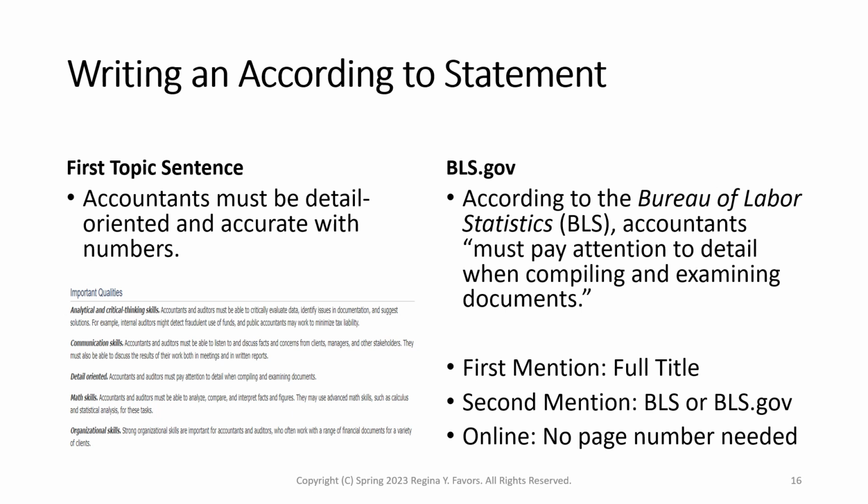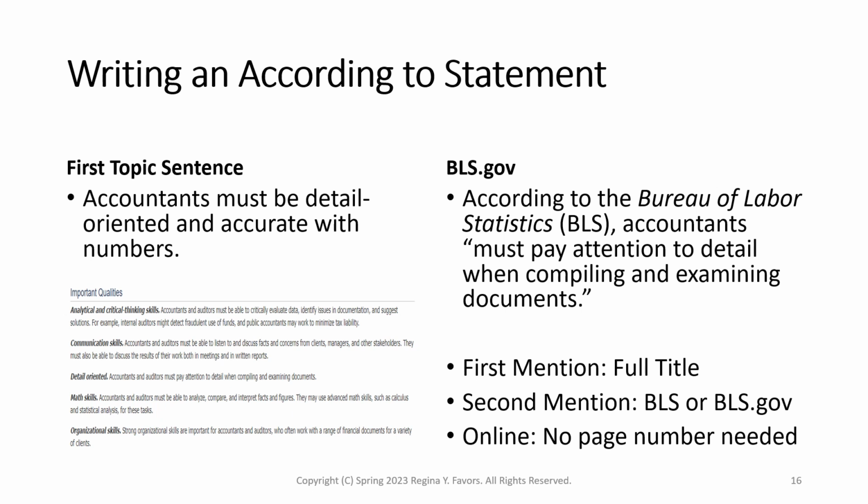Remember, important qualities refers to the personality aspect of this discussion, whereas the work environment would refer to, say, the sociological aspect of this discussion on career preparation. When you're using Bureau of Labor Statistics, because it is a government-based type of document, it's very safe and sound to write an according to statement.